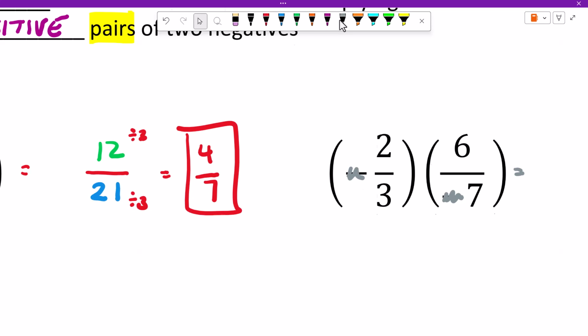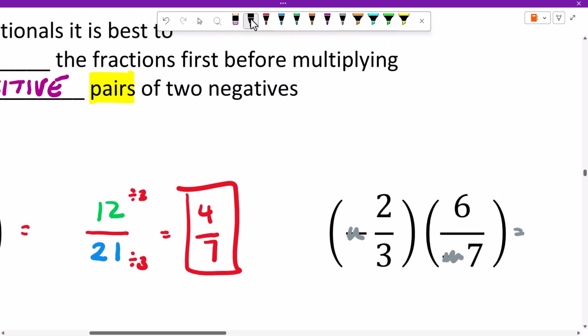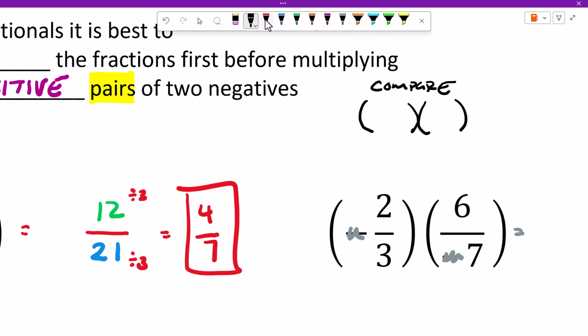I'm going to draw here a little template of what a fraction looks like. So we have a fraction like this, 2 in brackets, a little fraction line. So we compare the top and bottom on this fraction, compare the top and bottom on this fraction, and you go, can I make it smaller?